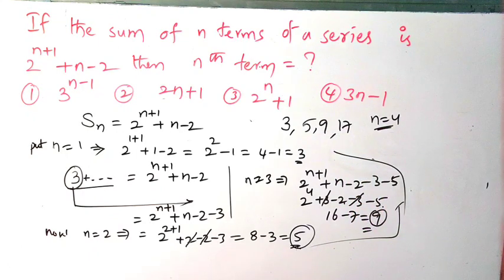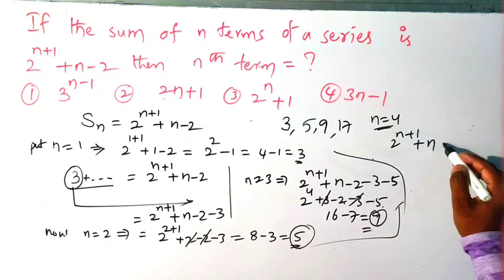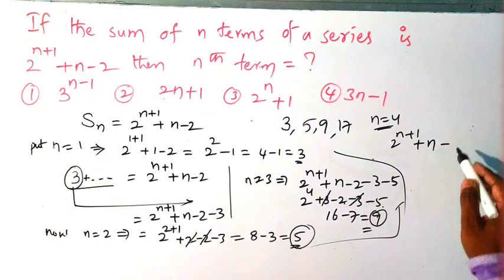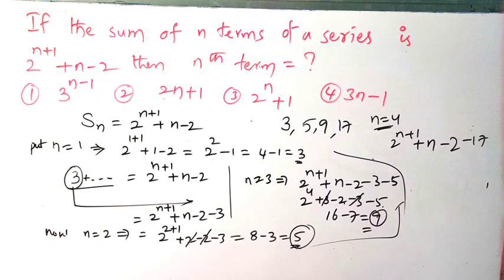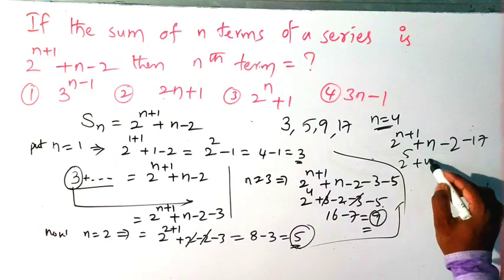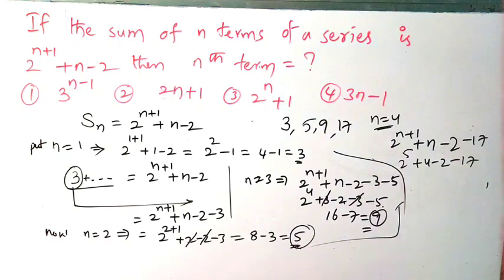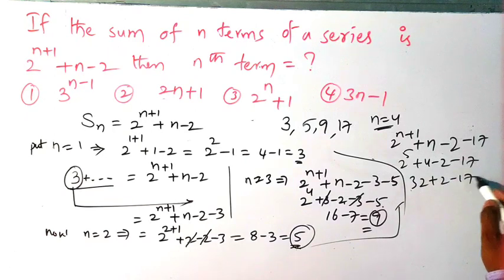So observe how we get it: 2 power of n plus 1 plus n minus 2 minus 17. Now put n equals to 4. 2 power of 5 is 32, plus 4 minus 2, minus 17.